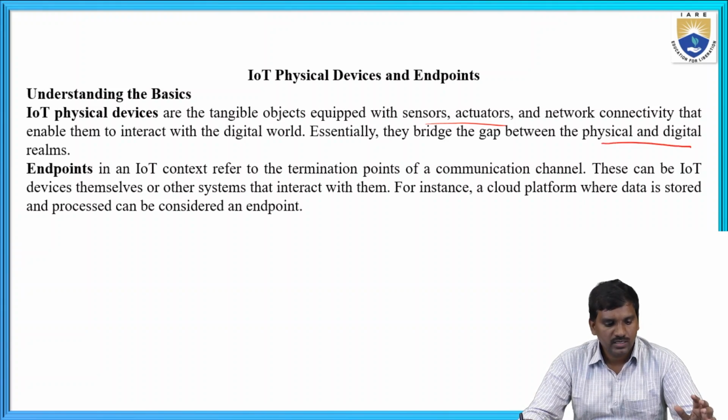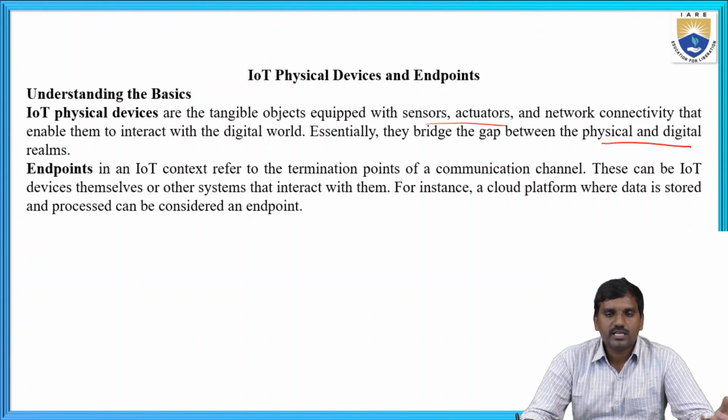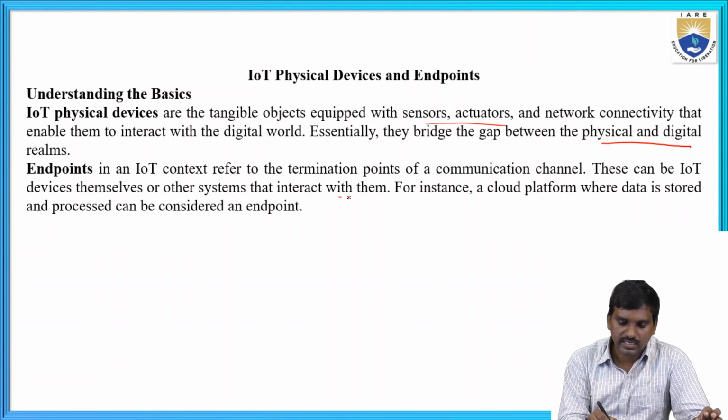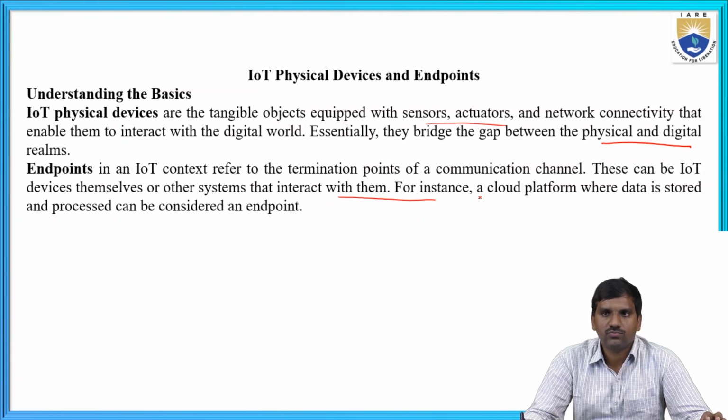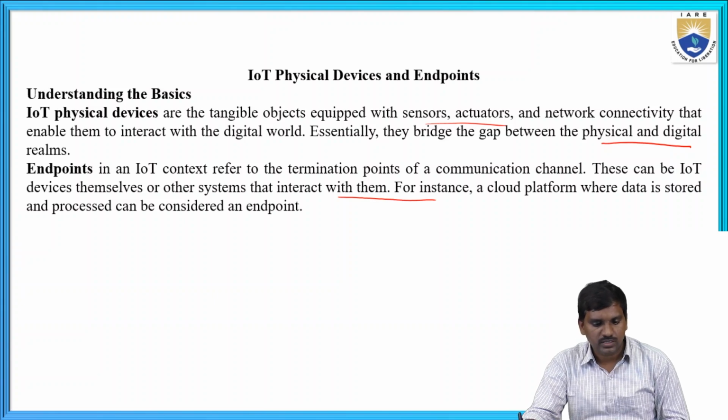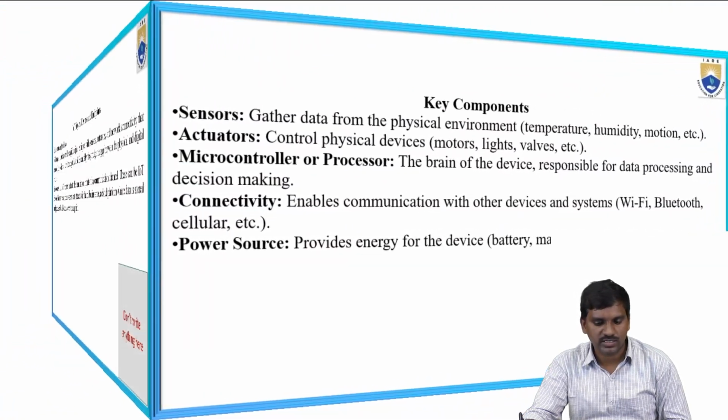So this is the main concept of an IoT physical device. Endpoints in an IoT context refer to the termination points of a communication channel. This can be IoT devices themselves or other systems to interact with them. For instance, a cloud platform where the data is stored and processed can be considered an endpoint. So these are the IoT physical devices and endpoint interaction points.